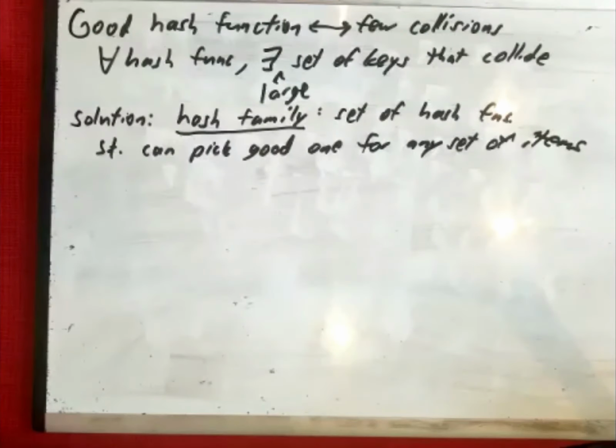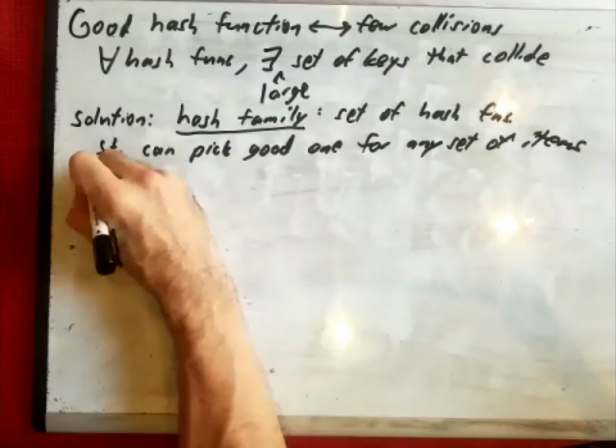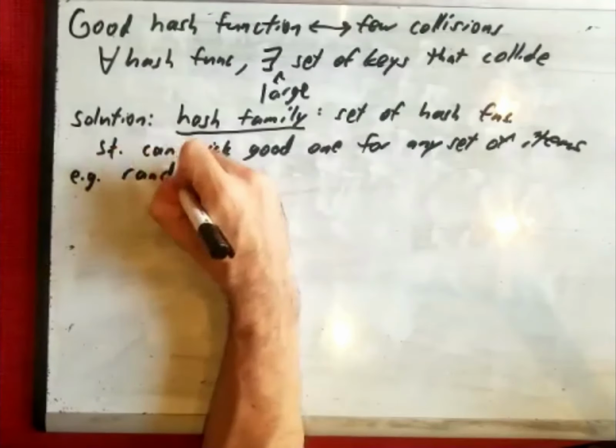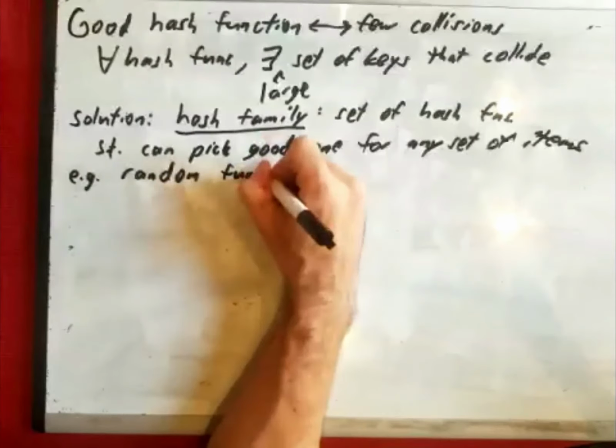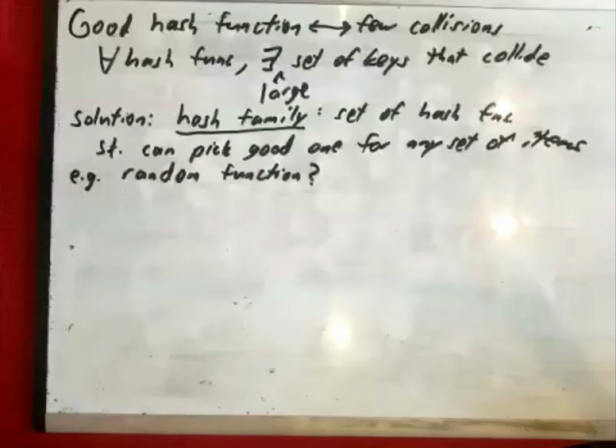So supposing now that I am allowed to consider more than one hash function, can you give me a strategy that will yield a good hash function, or at least that we could say would probably yield a good hash function? Well, we're entering new territory here. What if I pick a random function? Right.